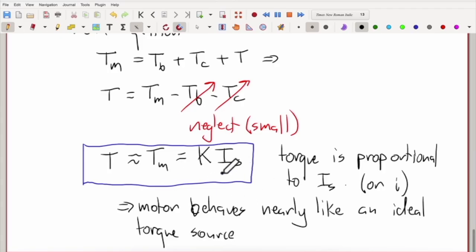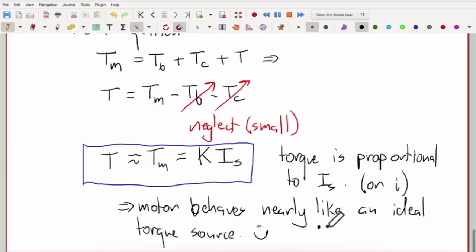And that way you can program it to do whatever you want. You can make it behave like a Coulomb friction or viscous drag or any other thing you want to do with it with control. That can be very handy for control because now you just have a torque source. So that's kind of the good news, let's just say.